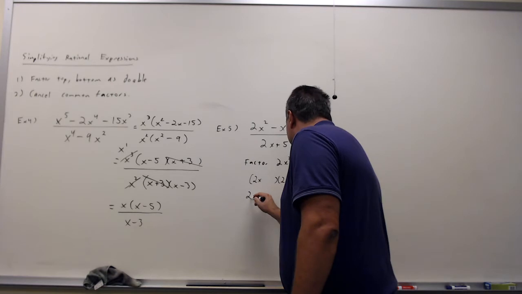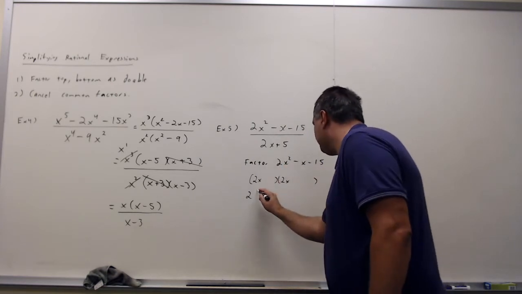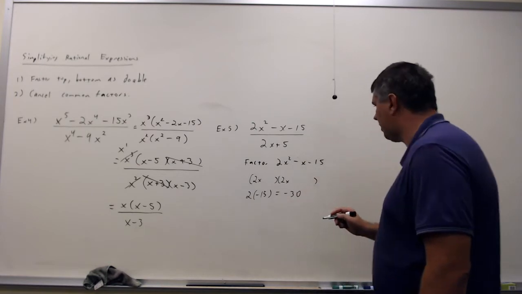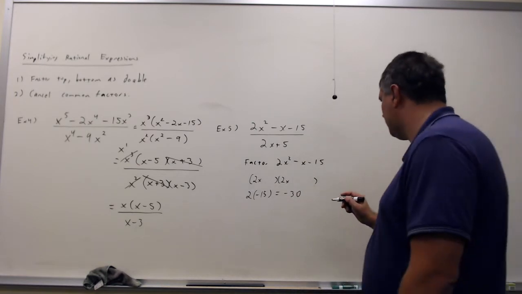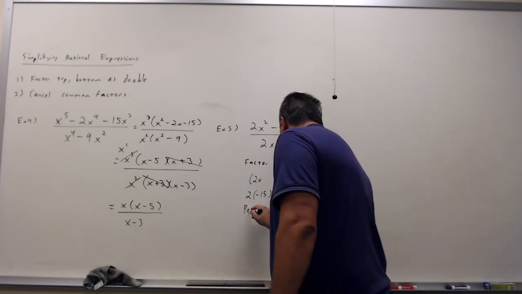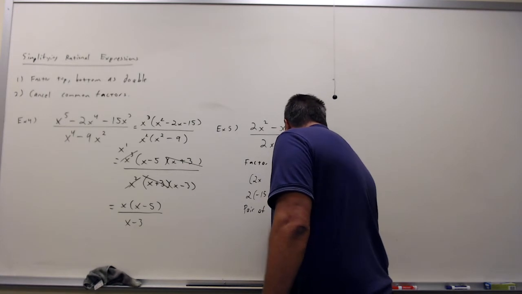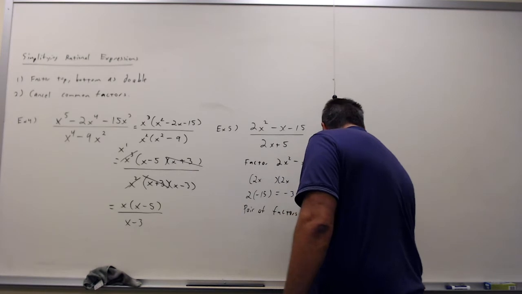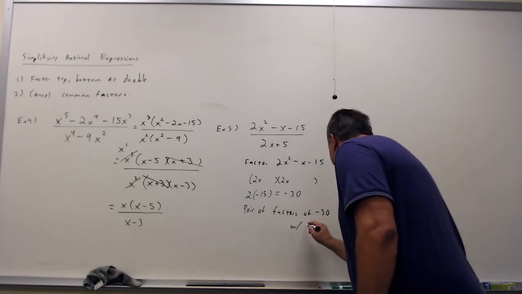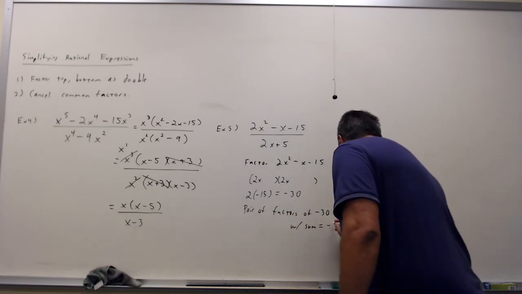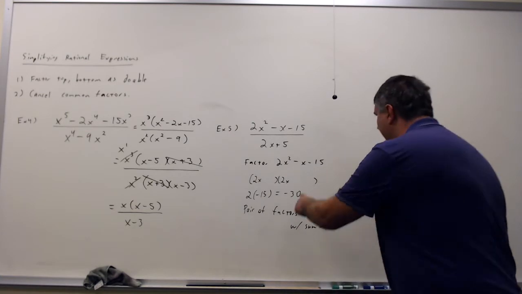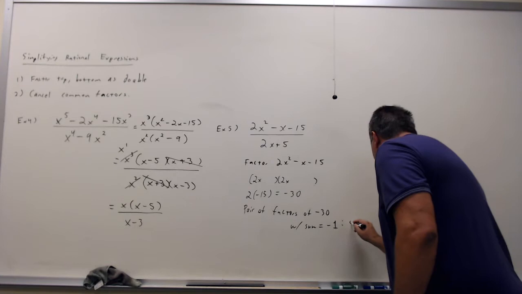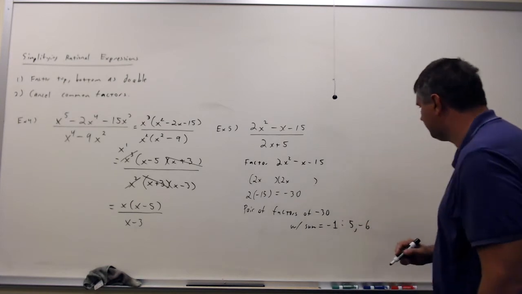Then I will take the 2 times the negative 15. That gives me negative 30. I need a pair of factors of negative 30 with a sum that equals negative 1, that's negative 1x. Well, the answer is 5 and negative 6.